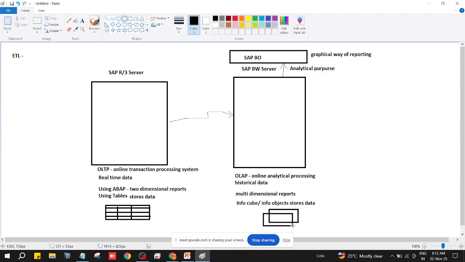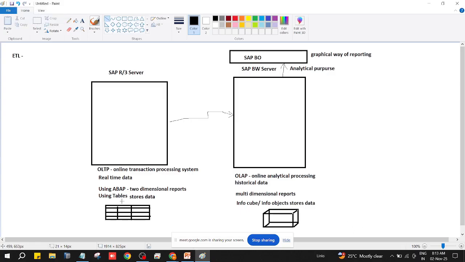So this provides multiple dimensions. It's not a single dimension; there are two, three different ways, as InfoCube or InfoObjects we can say, right?